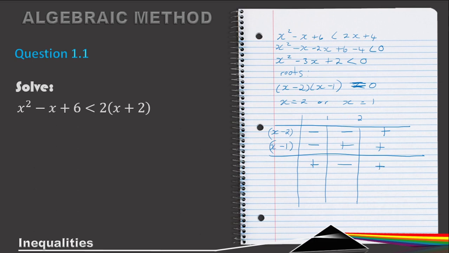And then we look at what it asks for. Less than 0 means negative values. So basically it's from 1 to 2. Between 1 and 2, the graph will be negative. And then less than 0 means it doesn't include the root, so we keep it open. So x lies over here. So we can just end off by saying 1 is less than x, x is less than 2.